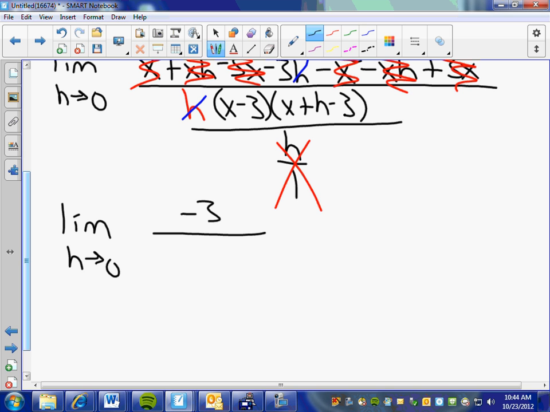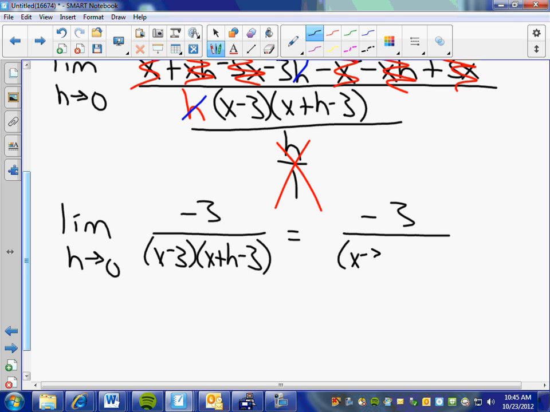Negative 3 over. Can we now plug in 0? Yes, we can plug in 0, and we get negative 3 over x minus 3 times x minus 3.